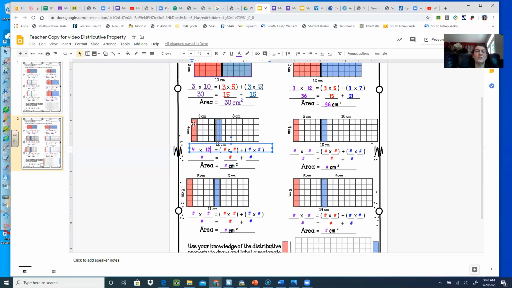Okay. Now I'm going to stretch my red. 4 rows of 4. So 4 rows of 4. Okay, now I'm going to stretch my blue.